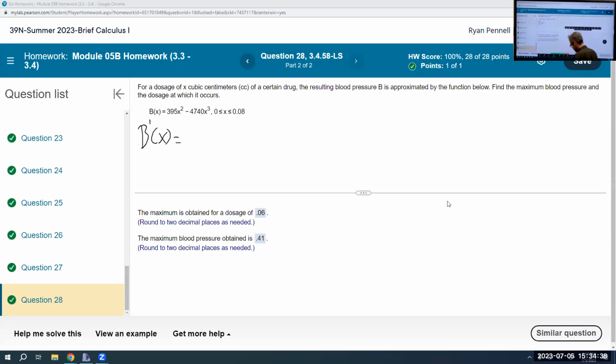Times 2, 790x minus 740 times 3. My function. Now I want to set my derivative equal to 0.